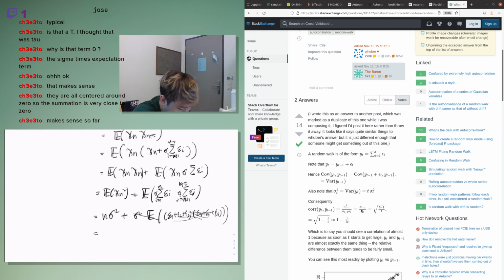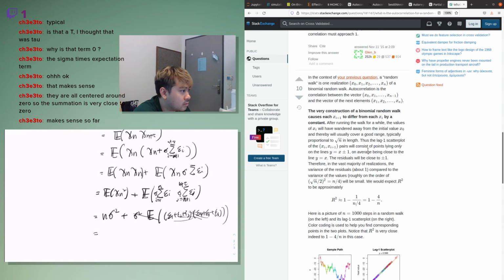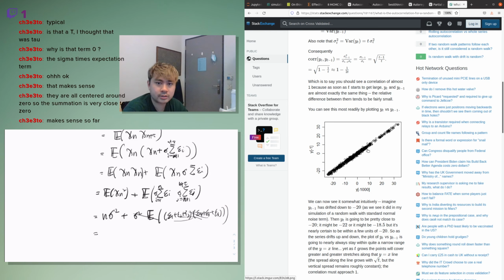Wait, hold up, what? Whoa. Wait, isn't the autocorrelation simply the expectation of this? Wait, what did I write wrong here? I don't understand.